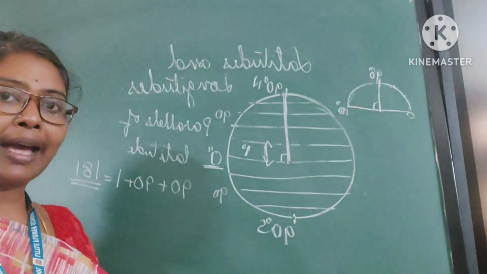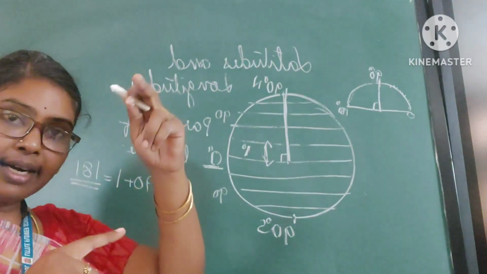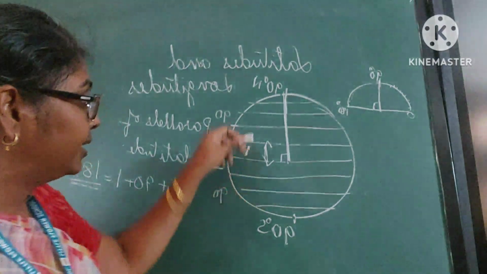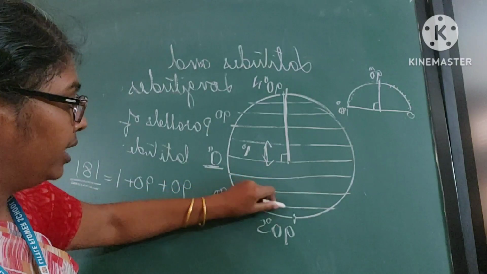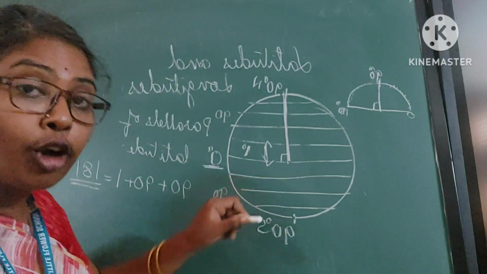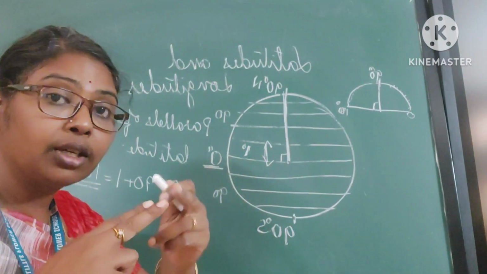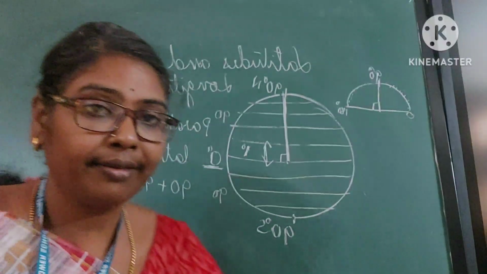The distance between each consecutive parallel of latitude is 111 kilometers.